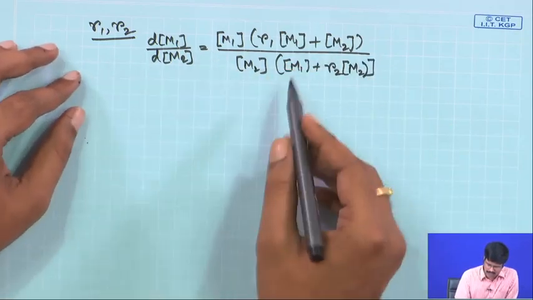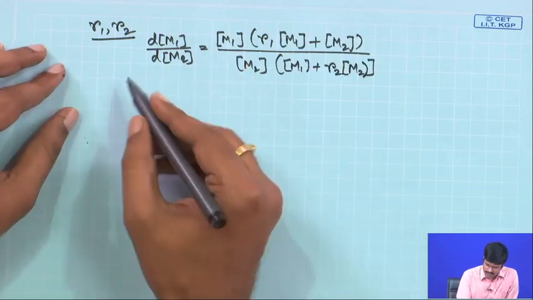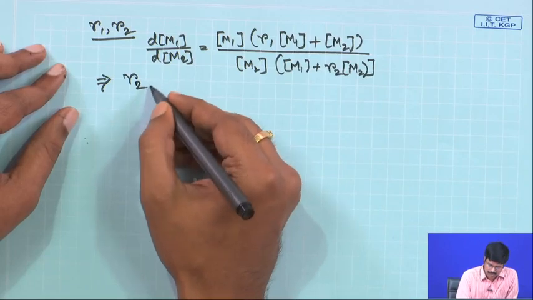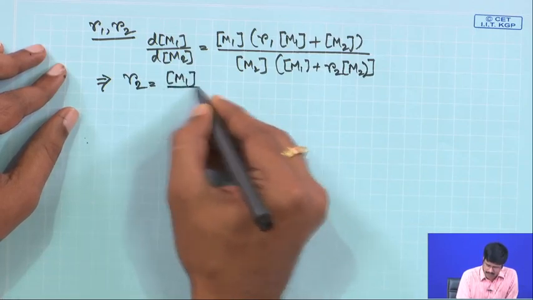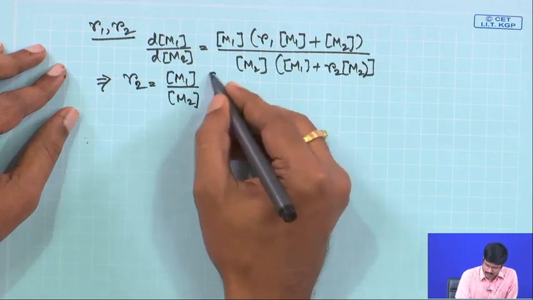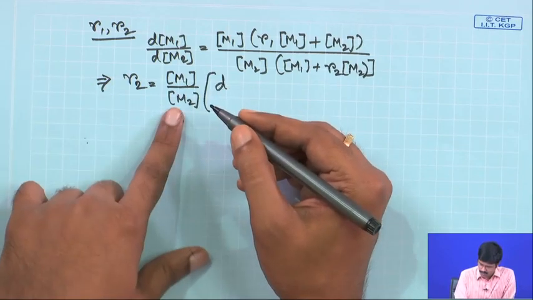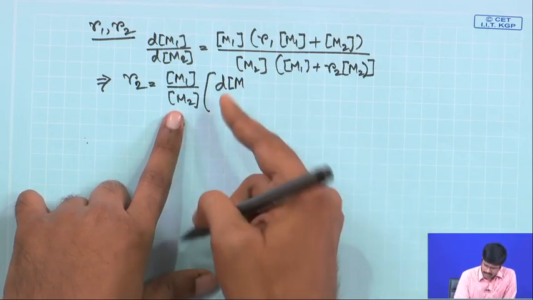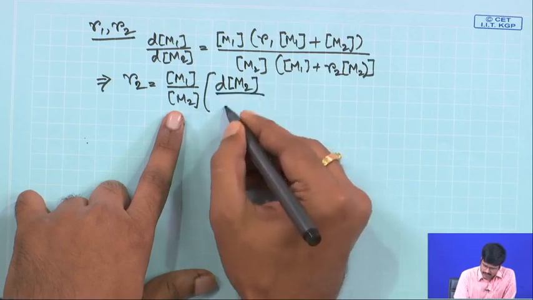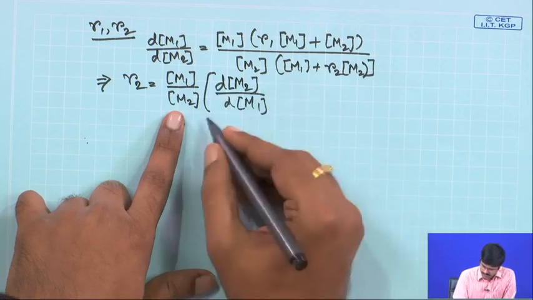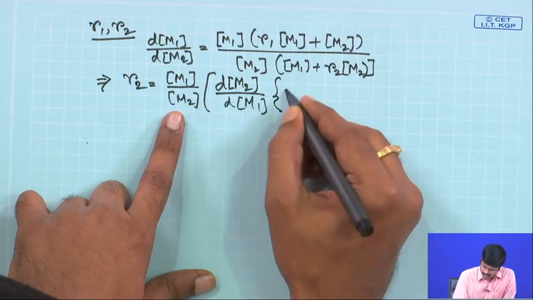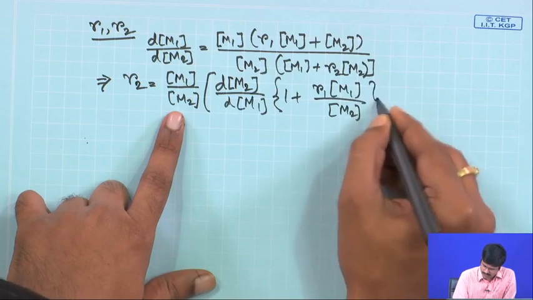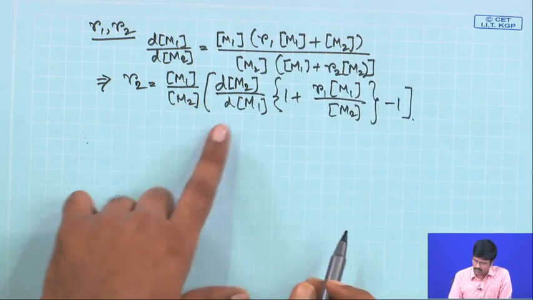Now, this particular expression, if you do the rearrangement, you can write it down like this. I am not doing the full analysis, you can work it out by yourself. R2 is equal to m1 divided by m2 into dm2 divided by dm1 into 1 plus r1 m1 divided by m2, minus 1.